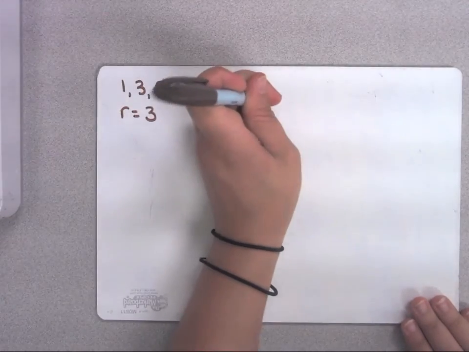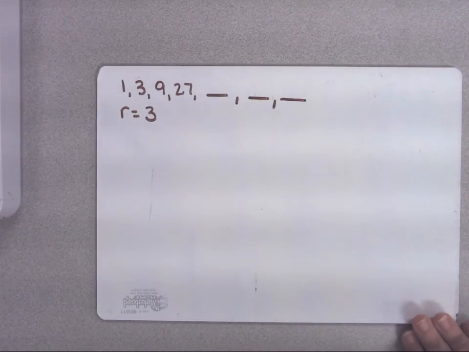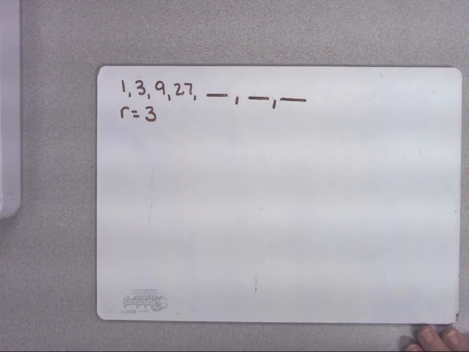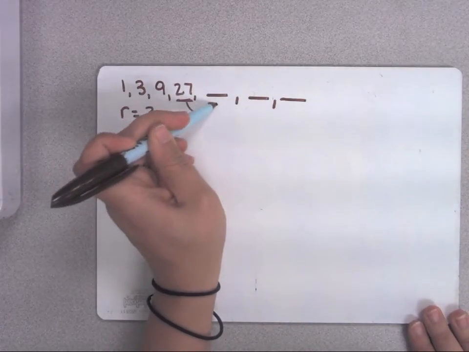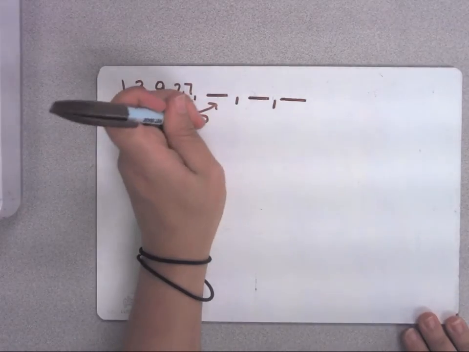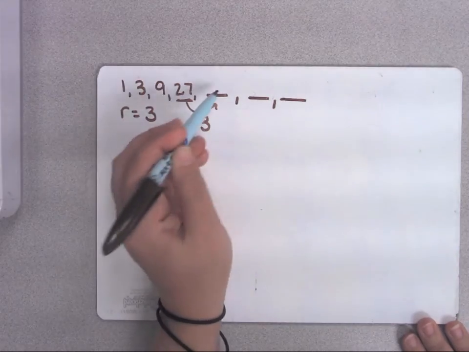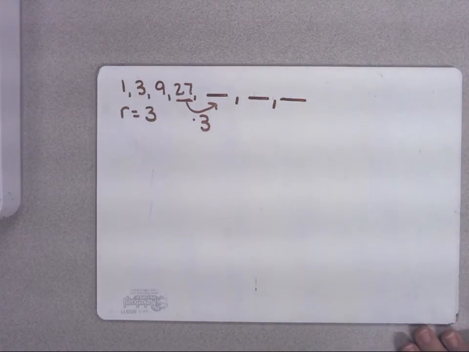If I asked you for the next 3 numbers afterwards, how do we find the next 3 numbers? We're just going to times 3. You take this last number and times 3. So what is 27 times 3? What's that number I'm going to put on that first line, Matthew? 81.